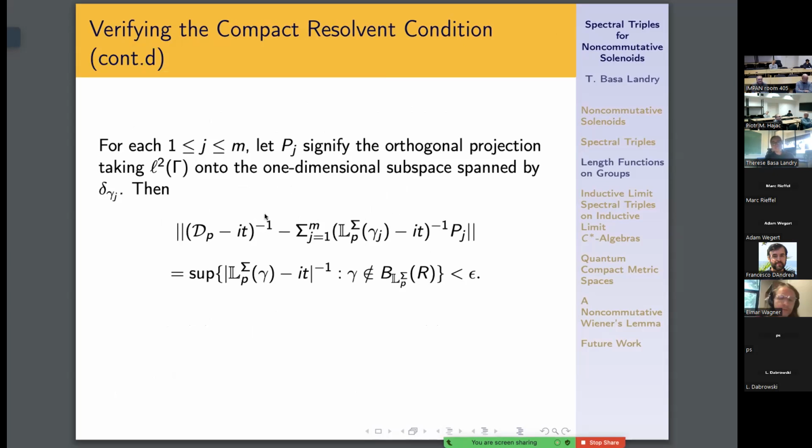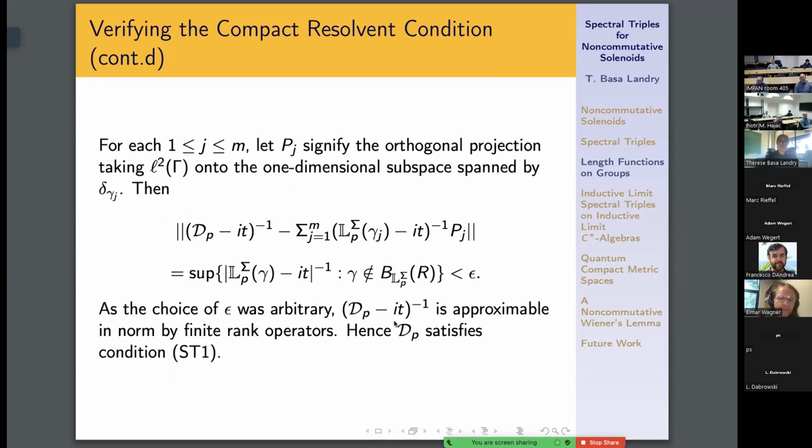Because of the conditions that we put, the difference in norm is bounded by epsilon. And so this is approximable in norm by finite rank operators. Therefore we verified the compact resolvent condition.